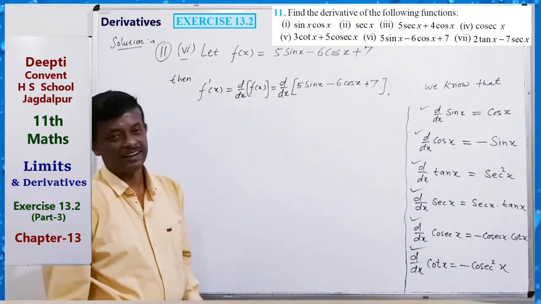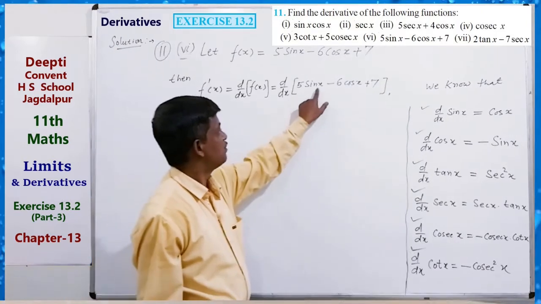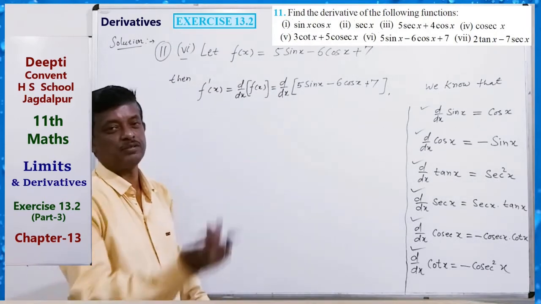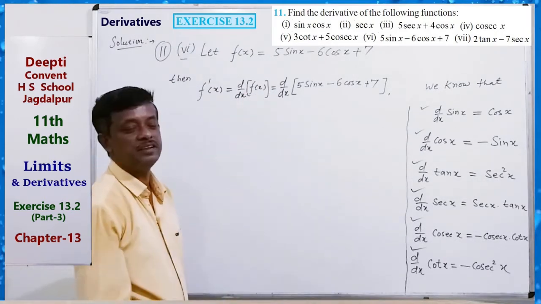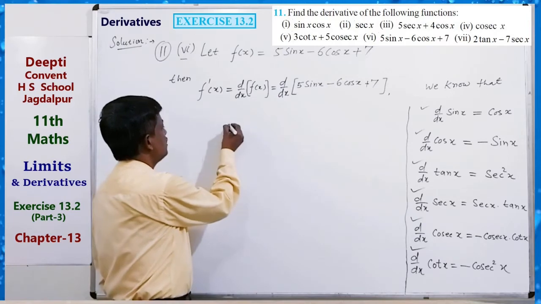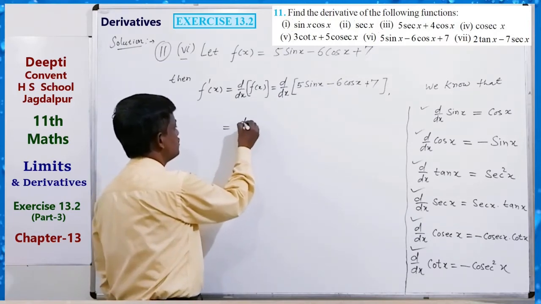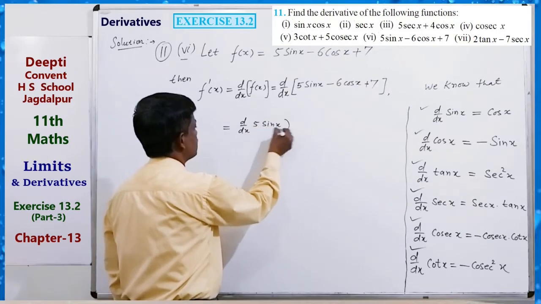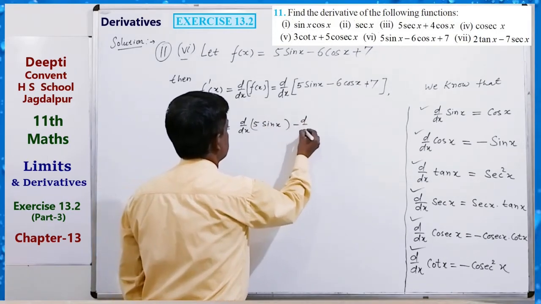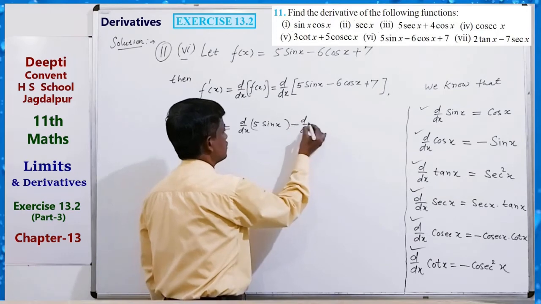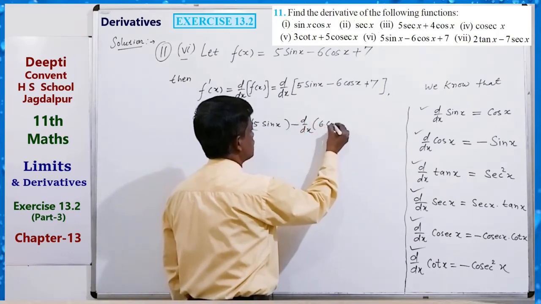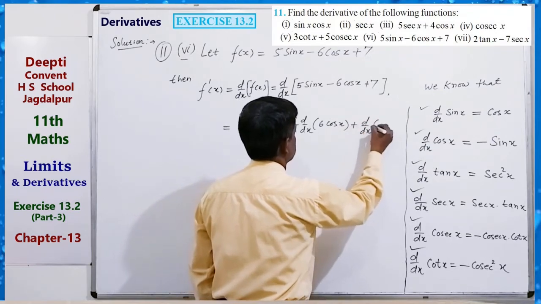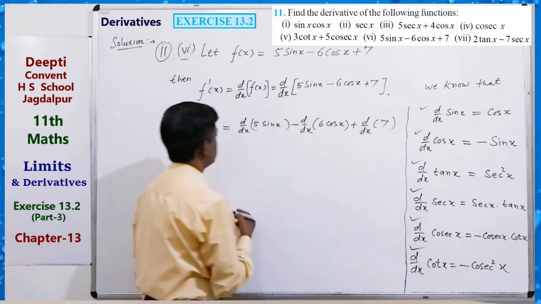So here also derivative of sin and cos is required. So sin and cos, if long question, then you have to do it by first principle method, otherwise you can use direct. So dy dx of 5 sin x minus dy dx of 6 cos x plus dy dx of 7.